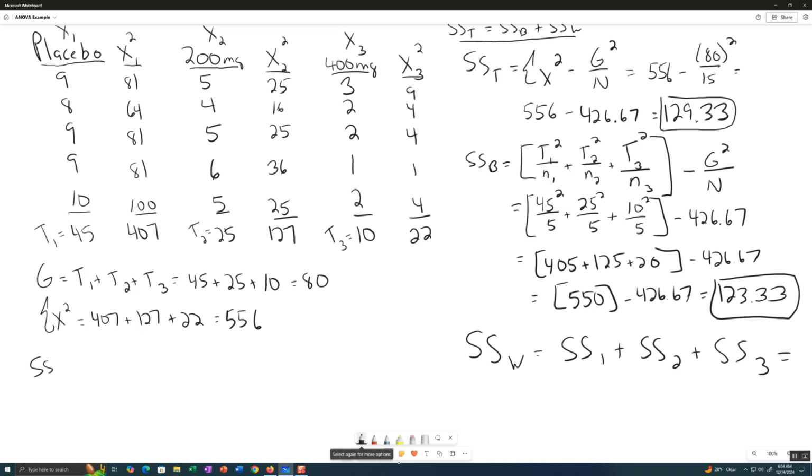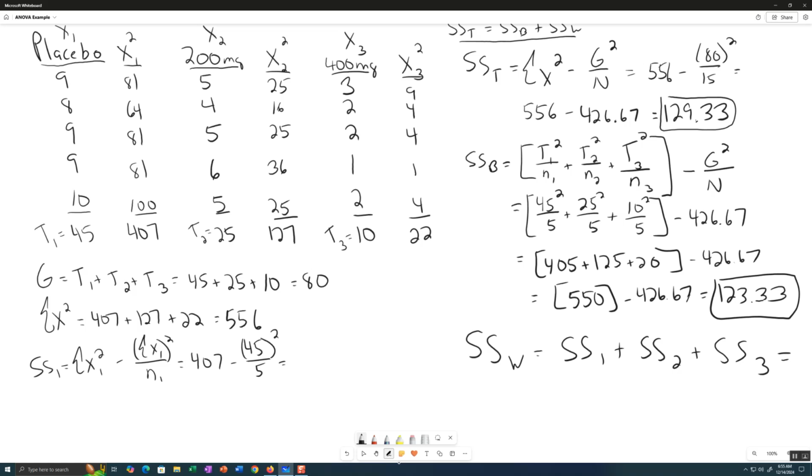So sum of squares 1 is the sum of x sub 1 squared minus the sum of x sub 1 quantity squared over n1. That gives me this value, 407, minus this value, 45, squared over n sub 1, which is 5.